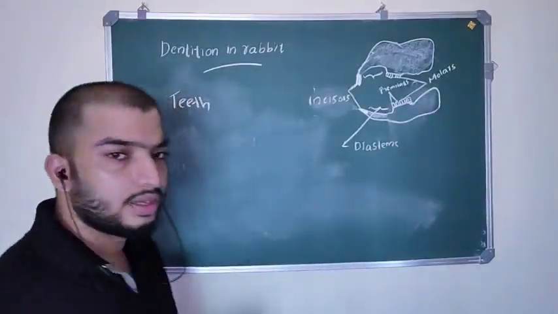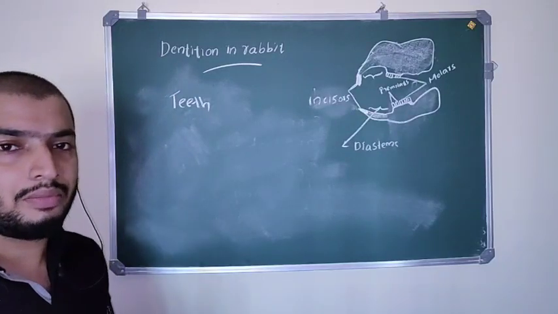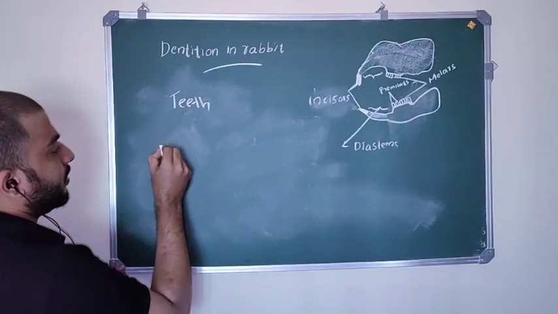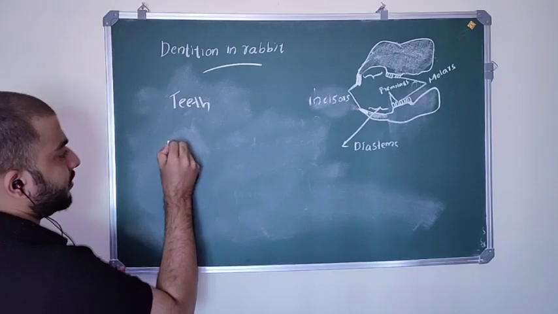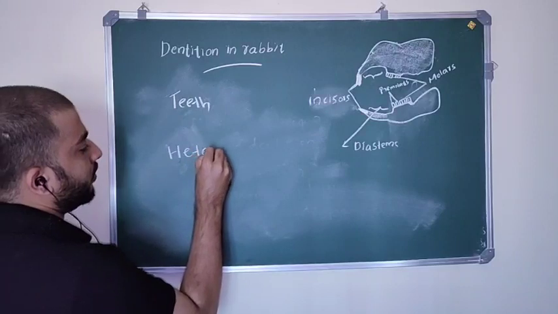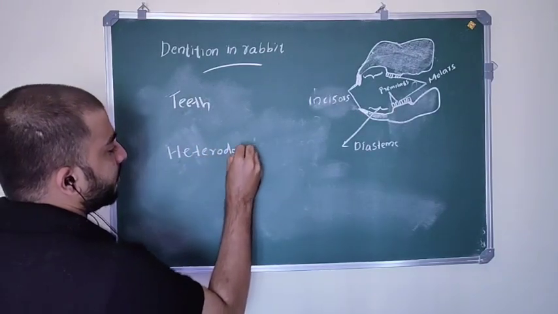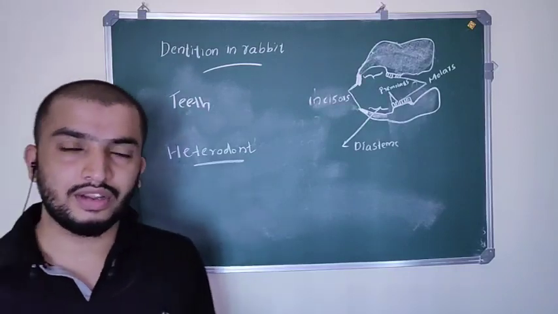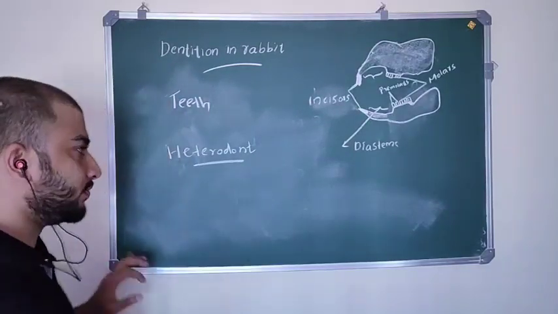And in rabbit, different types of teeth are present. That condition is called heterodont. Heterodont means rabbits have different types of teeth.